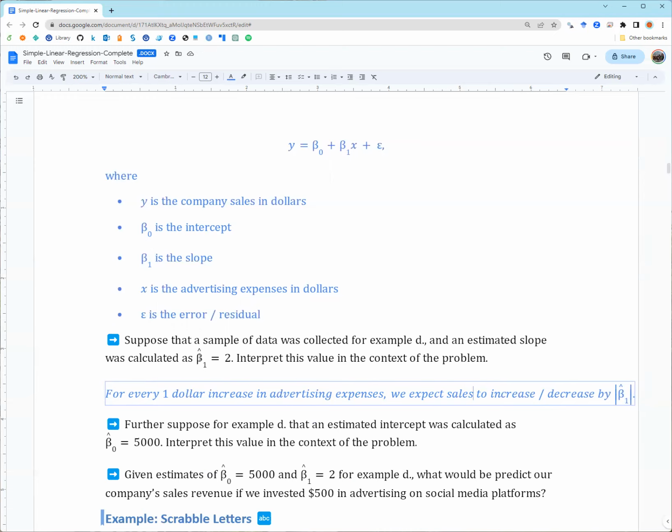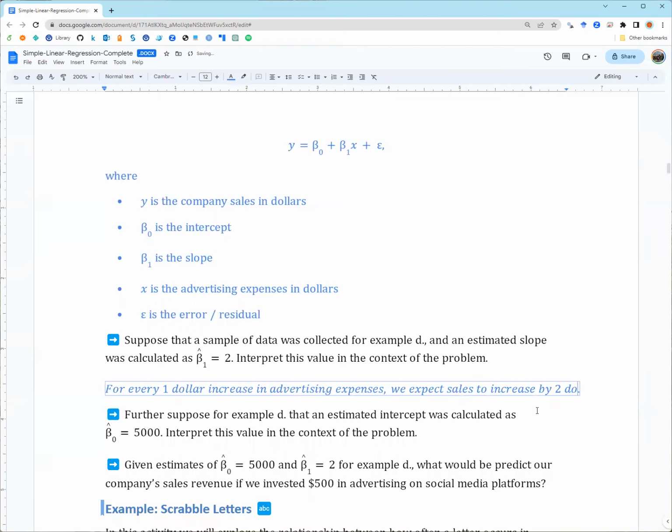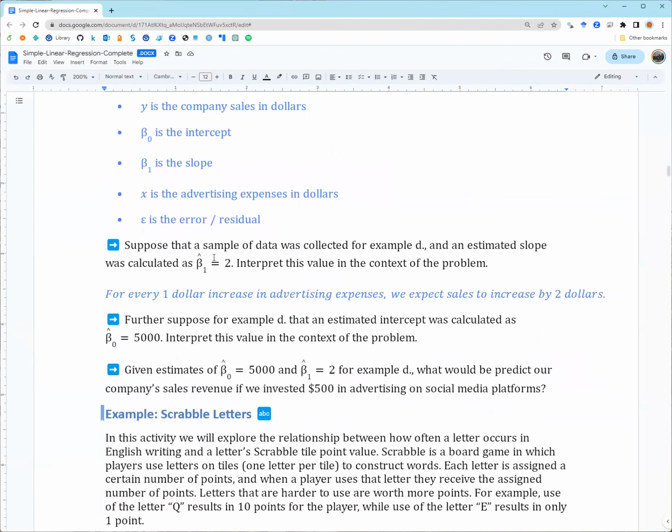Since the estimated slope is positive, we say increase by 2, by $2. So for every $1 we're putting into advertising expenses, we expect sales to go up by $2. That's how we can interpret the slope for this example.